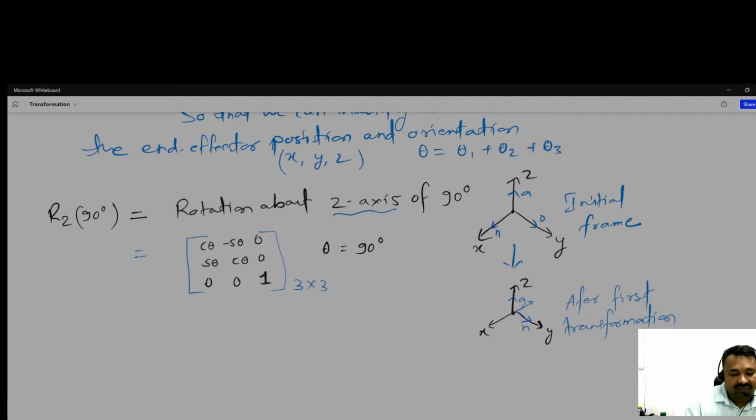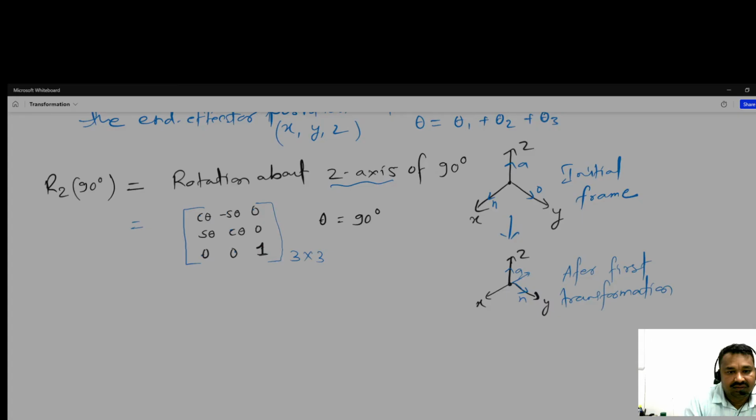But what is our requirement here? Our requirement is to convert it into a 4 by 4 matrix.